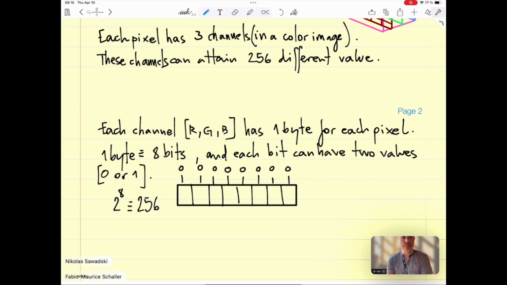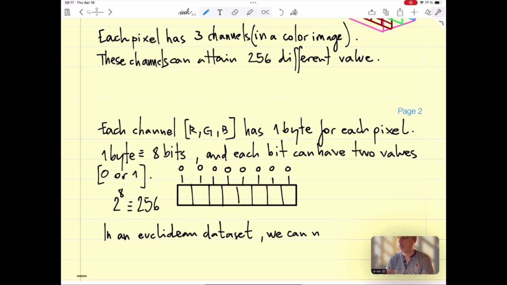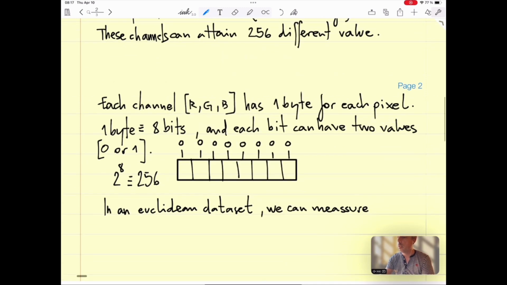Good. So in a Euclidean dataset, we can measure distance.